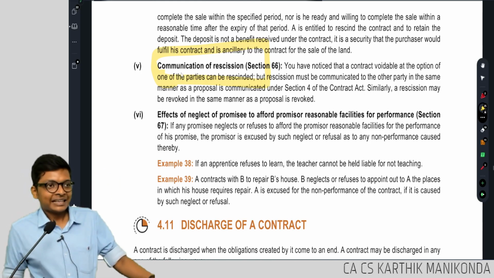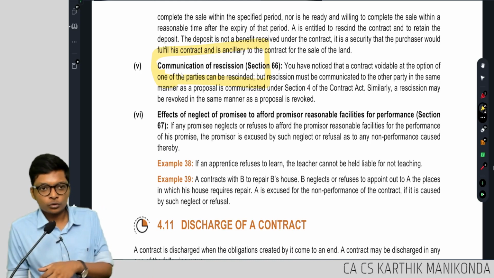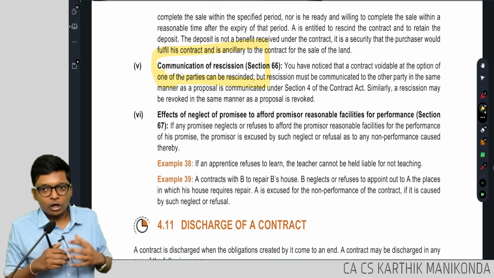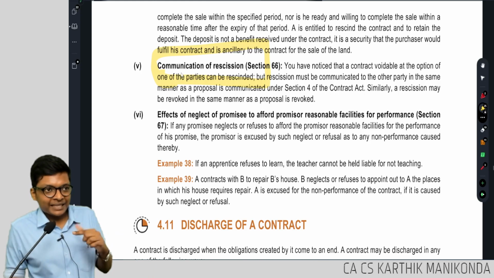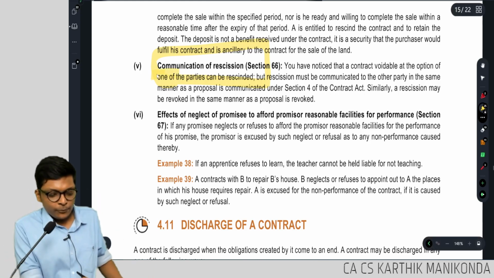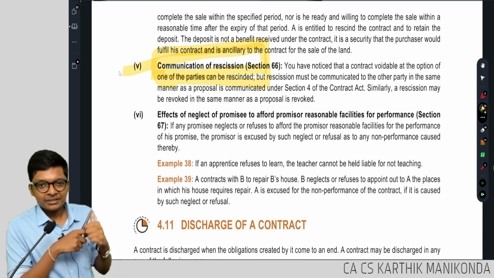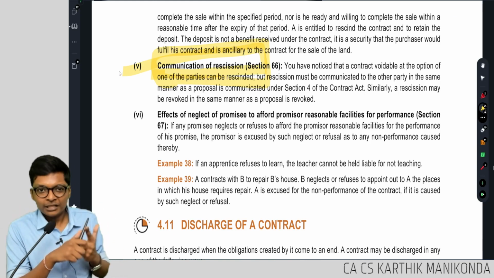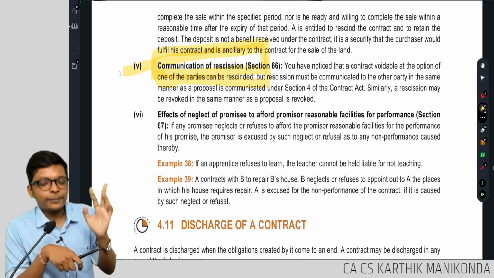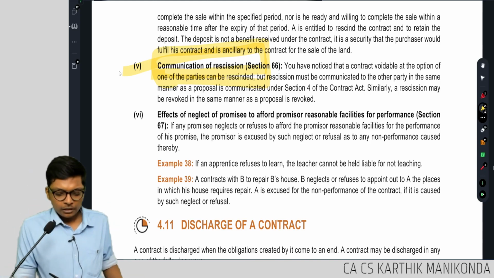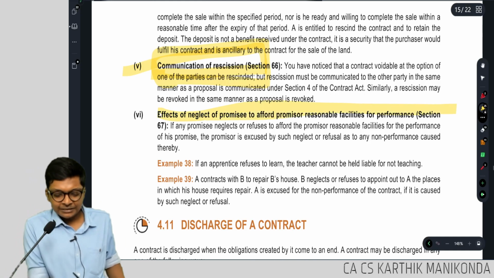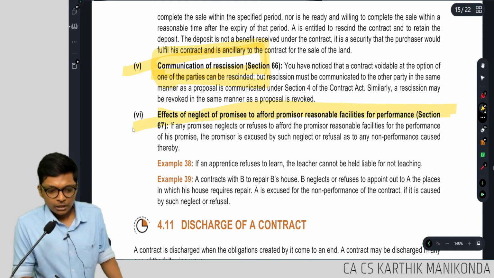Class is cancelled. Can I do that without communicating? No. If anything is cancelled, if a contract is cancelled, it has to be communicated. Otherwise, cancellation is not valid. So, communication of rescission. See, offer has to be communicated. Acceptance has to be communicated. So, rescission also has to be communicated. Simple. Clear?